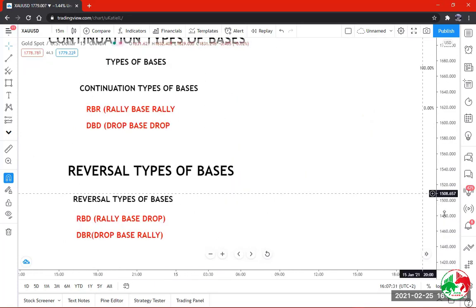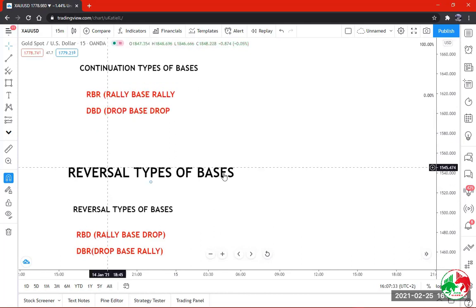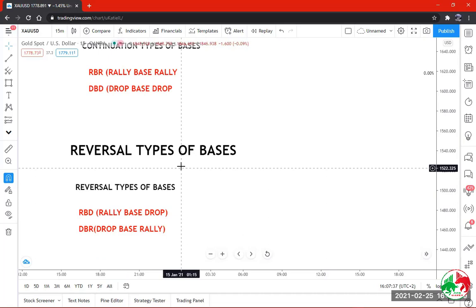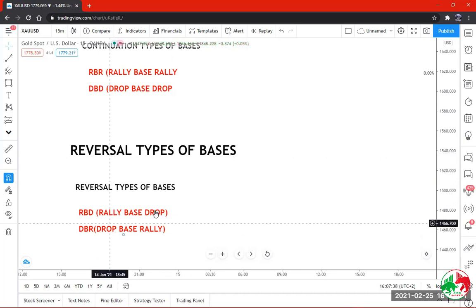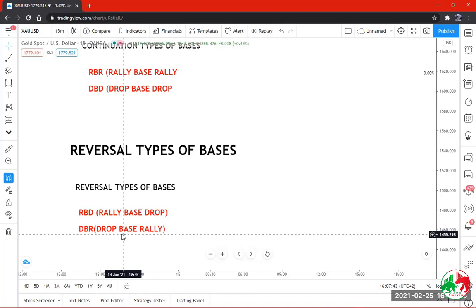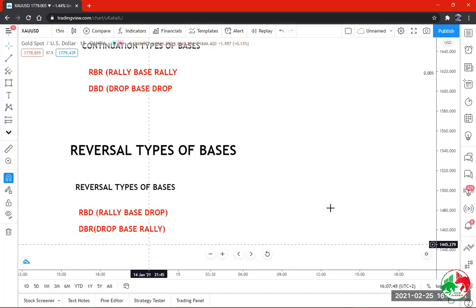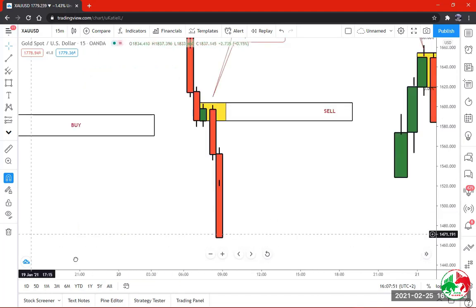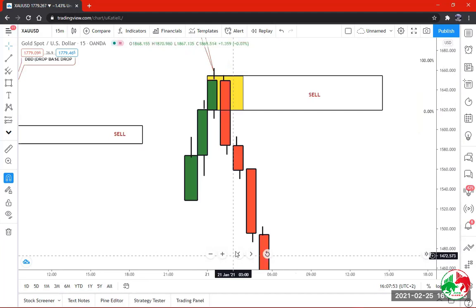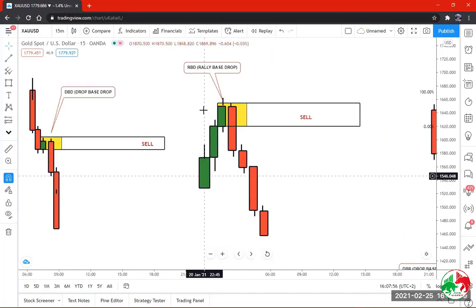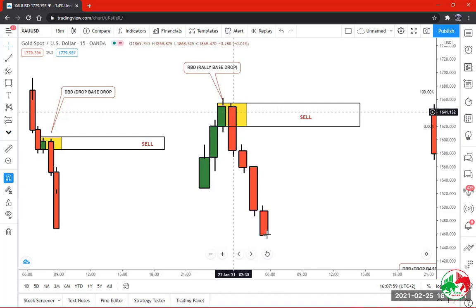So now we can do the reversal types. We have 2 types of reversal bases. We have the rally base drop, then we have the drop base rally. In the case of a rally base drop, this is an example. We have a rally, we have our base, and we have our drop.